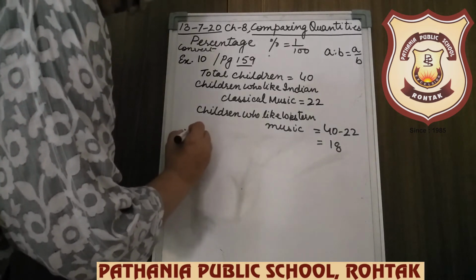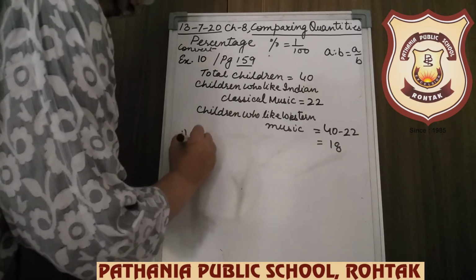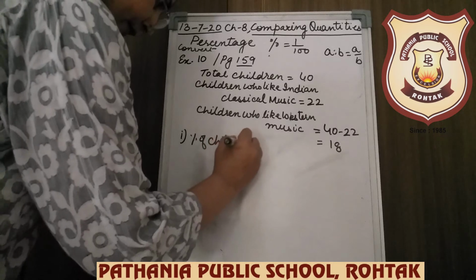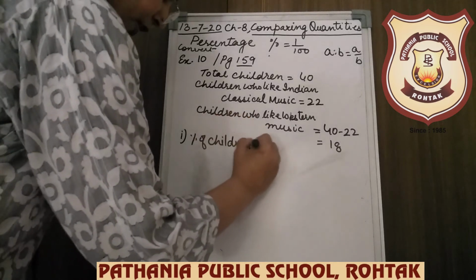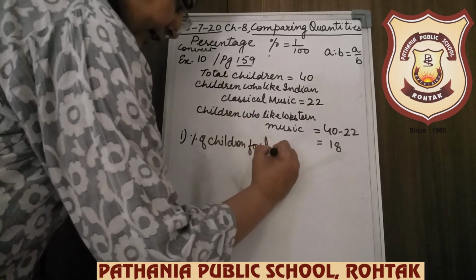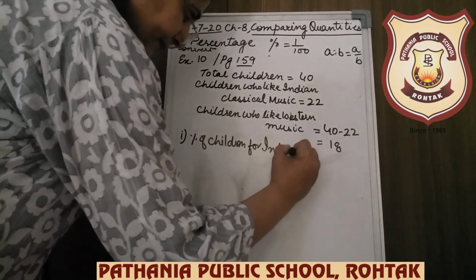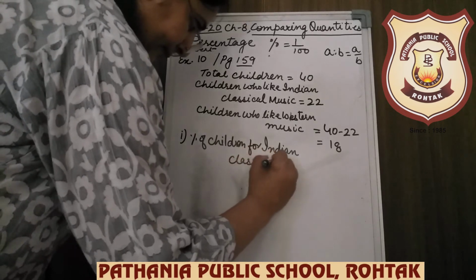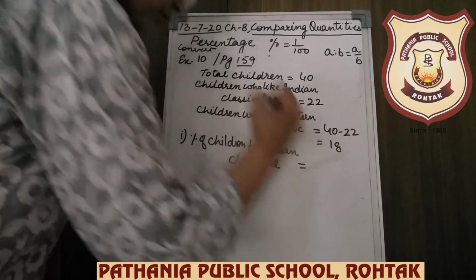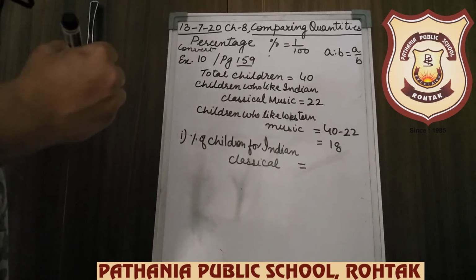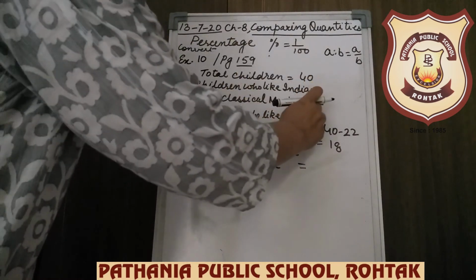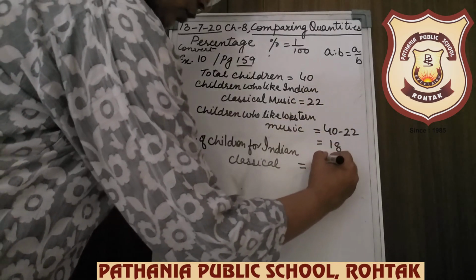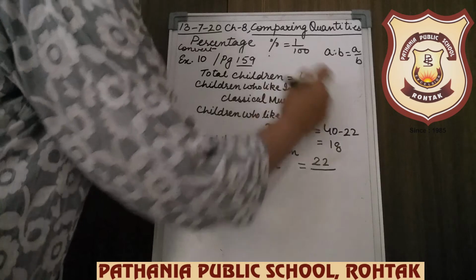So first, percentage of children for Indian classical. Now what will you do here? Now the number of students who like Indian classical are 22 out of 40.